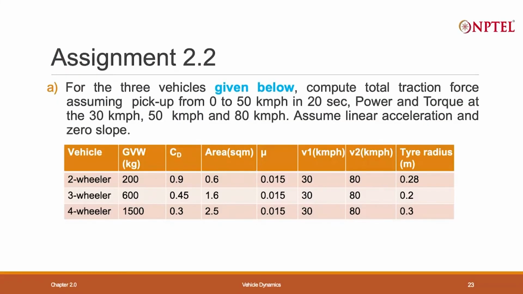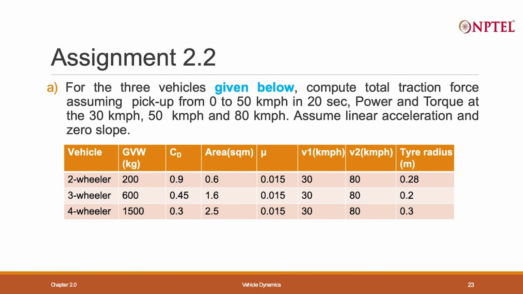Okay. So, this is what we will do, and there are 3 assignment problems that I have defined. By now, I think we have done enough for you, and this is our little bit tedious assignment. You have to actually do the work for the 3 vehicles, 2-wheeler, 3-wheeler and 4-wheeler that were defined in assignment number 2.1.